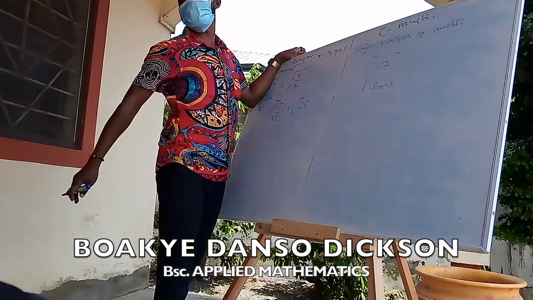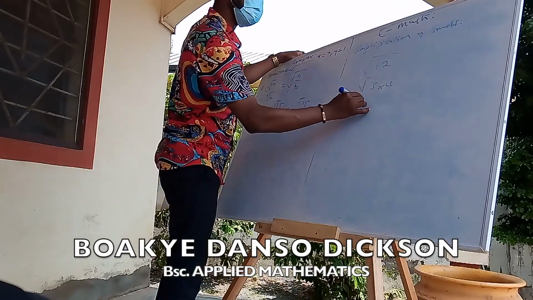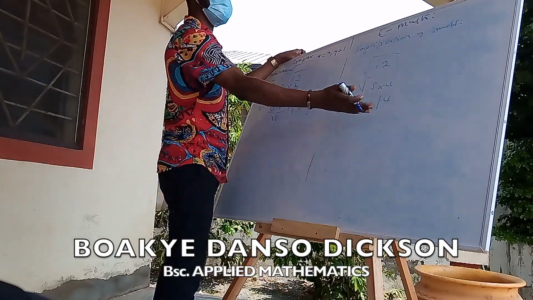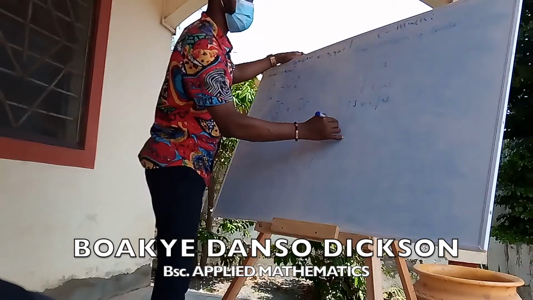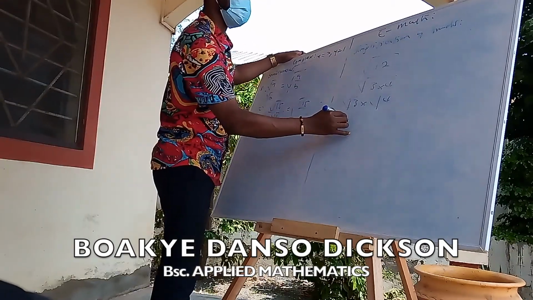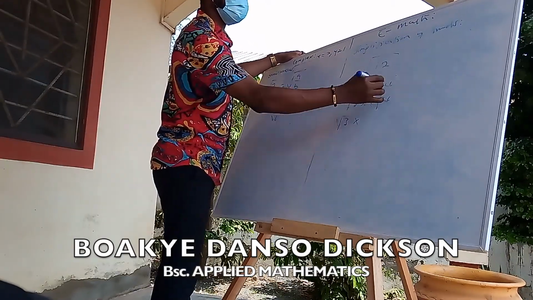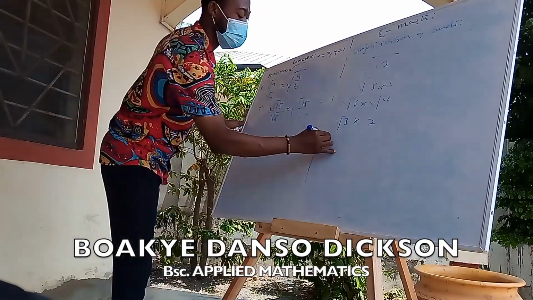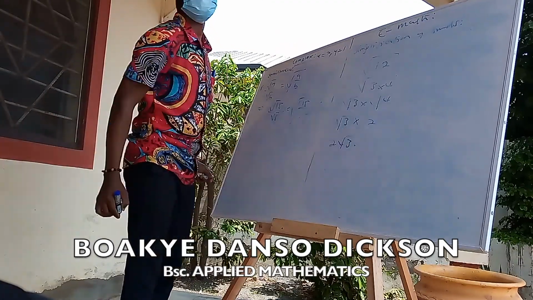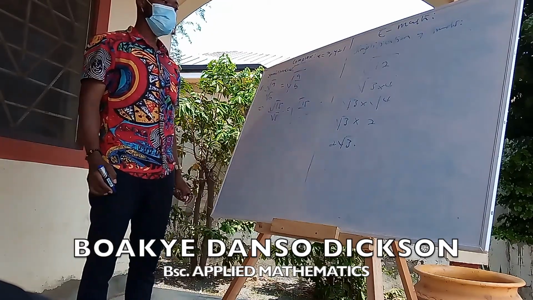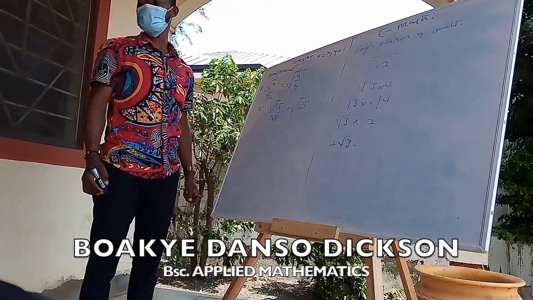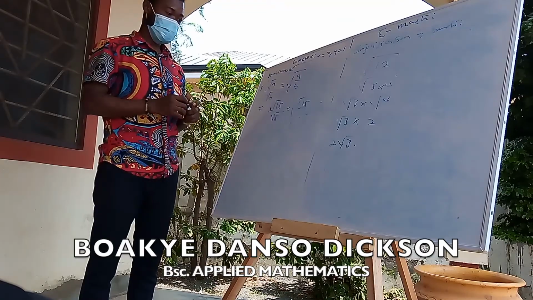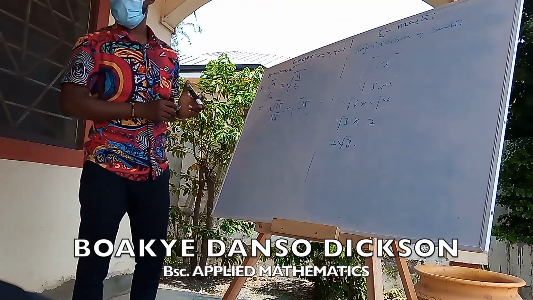Now I can separate them: root 3 times root 4. That will give us a perfect square. So root 3 times what? 2, right? So this is how we write it: 2 root 3.